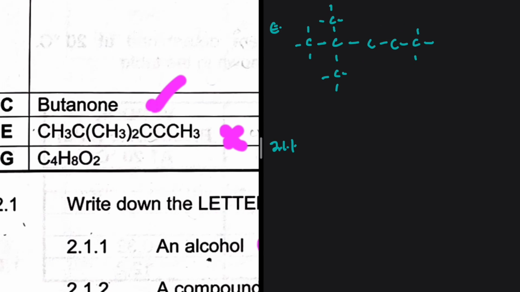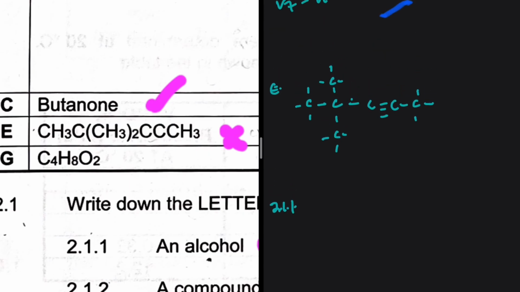So let's see how that can be true. There's no other hydrogen left, so clearly there has to be multiple bonds between these carbons, right? So they all have 1, 2 bonds, right? So in order for it to be 4, this will be the third one, and this will be the fourth. So this is the structure of compound E.